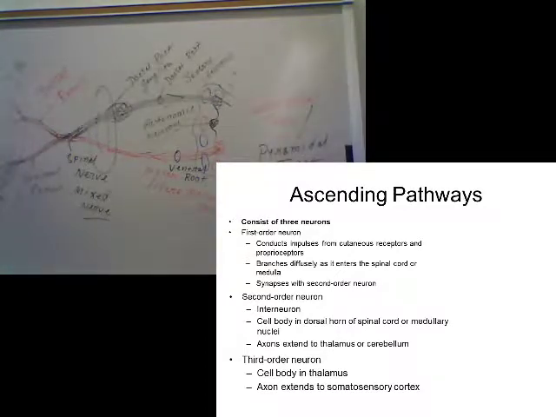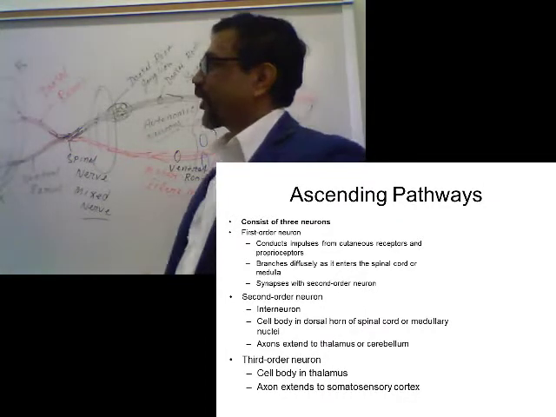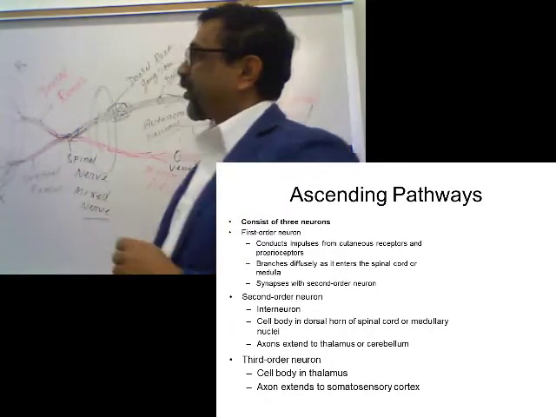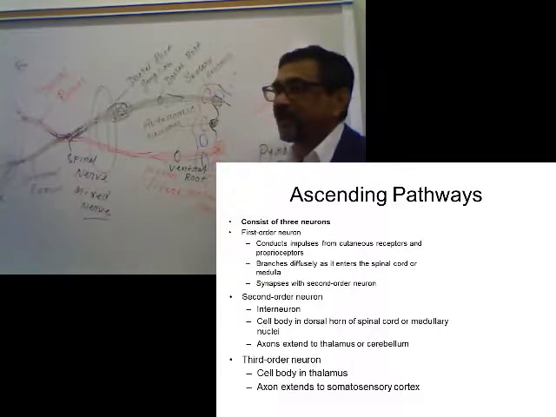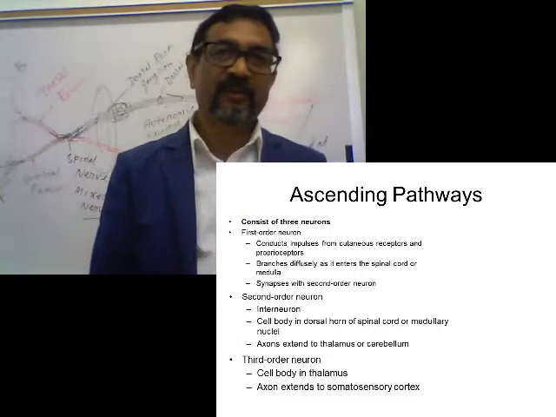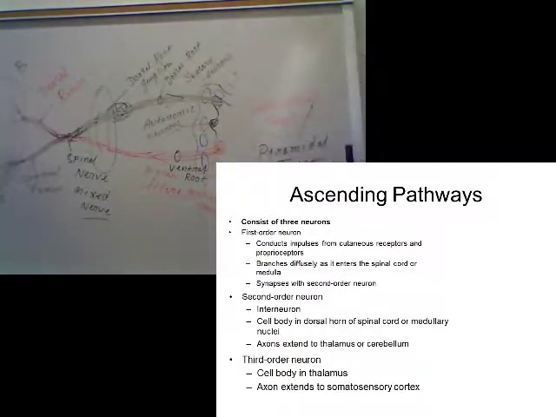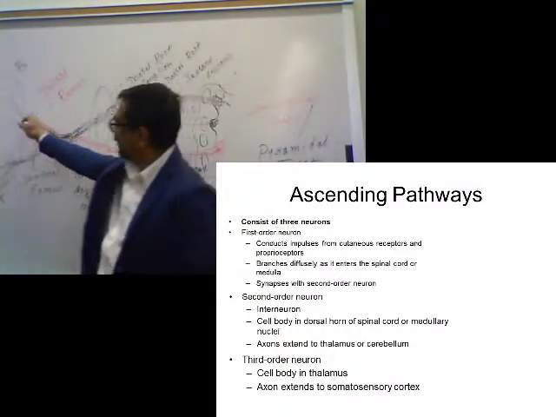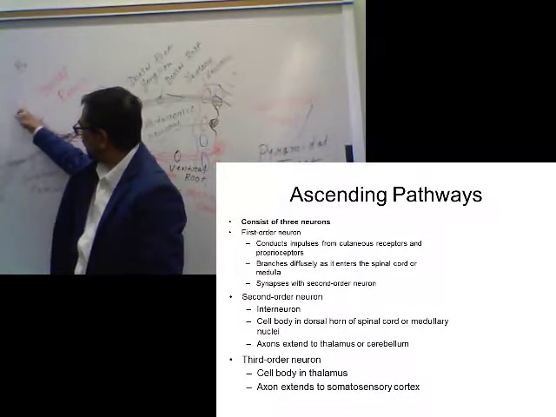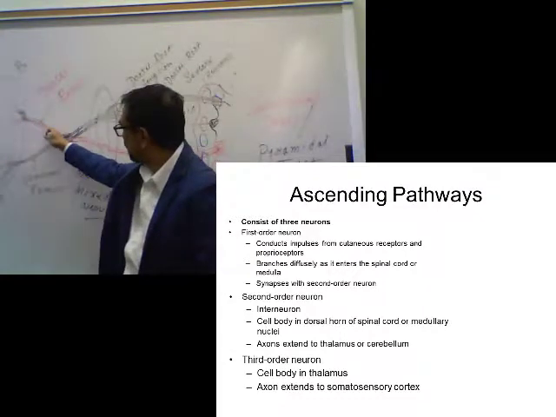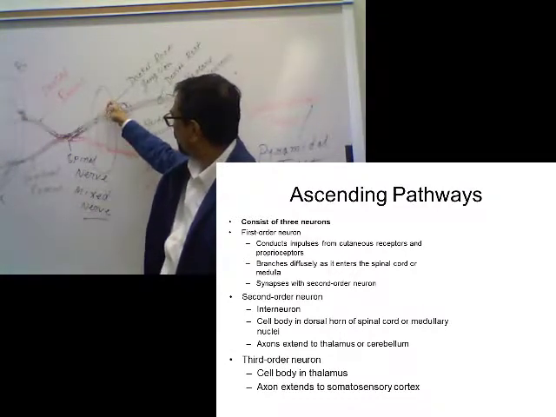In sensory pathway or ascending pathway, you have 3 stations or 3 locations or 3 sets of neurons. First order neuron, second order neuron, and third order neuron. You already know the first 2. You see here, if something touches your skin, this is the body, right? So that sensory signal goes from the receptors to these neurons.